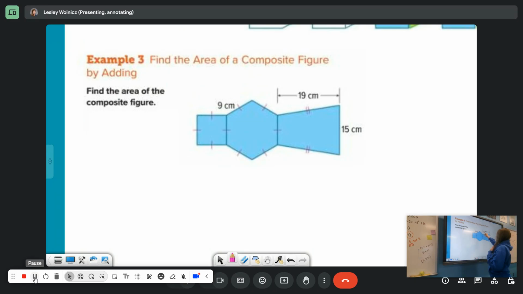So they're telling me that this side is 9. It's marked as congruent to these sides, right? So I know that that little guy is a square. And 9 times 9 is 81. So this little square has an area of 81 centimeters squared.